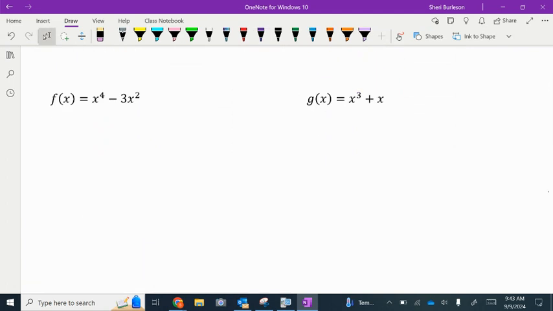So I want to determine whether or not these functions are odd or even, okay? And when I ask for you to determine whether or not a function is odd or even, or possibly neither, this is what you need to do.